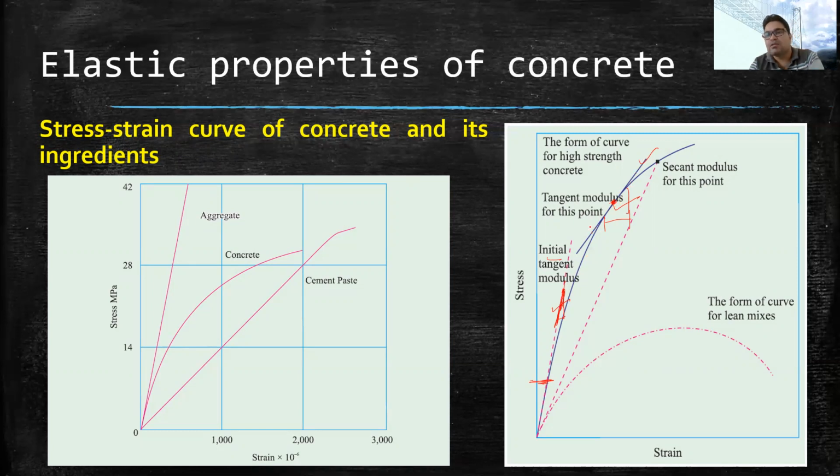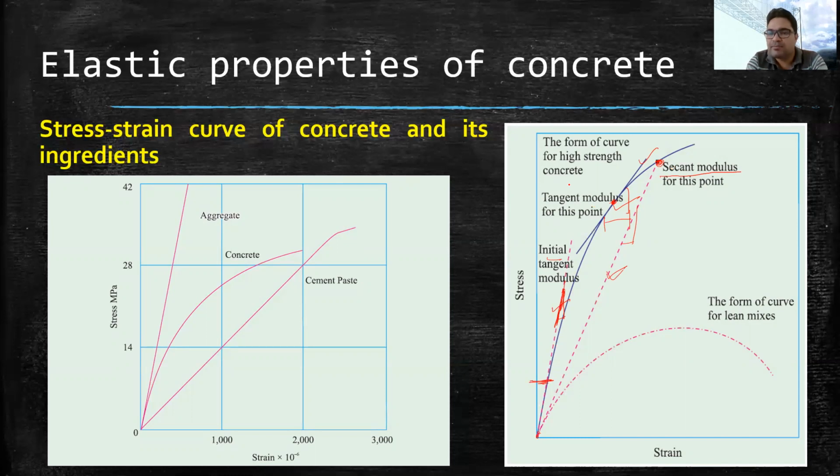Okay. Similarly, at any point, if we join this point with the initial point and draw this line, then this line will give the modulus of elasticity, but it will be called the secant modulus. So you can see it is very difficult and complicated to calculate the modulus of elasticity.